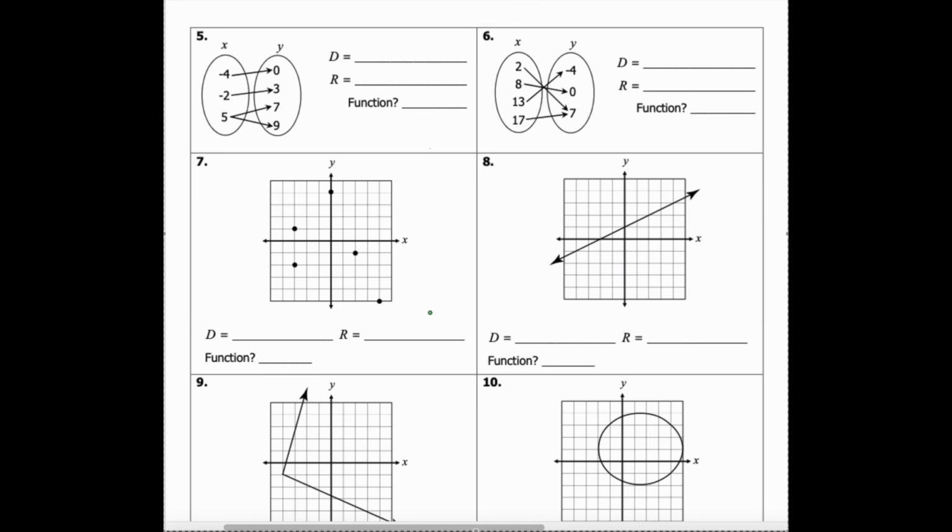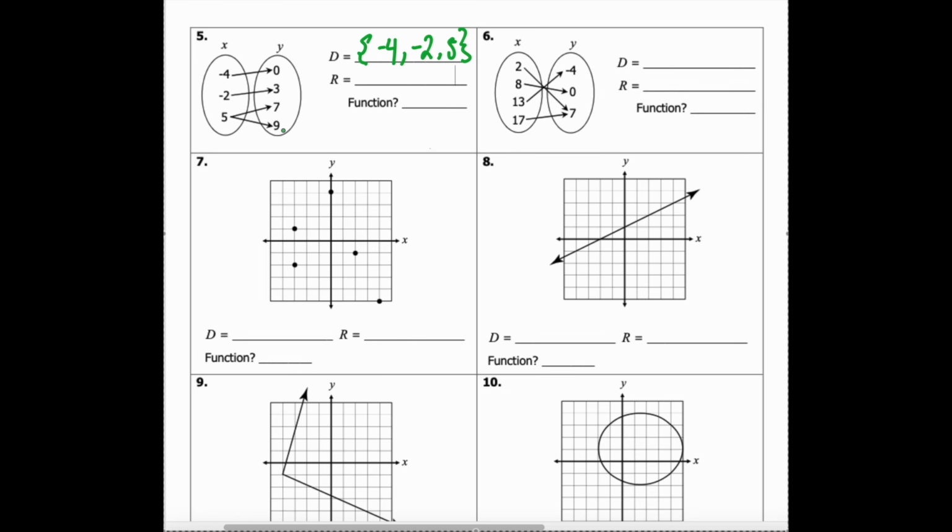All right, let's look at number 5. This one is mapping, and if you're not familiar, all it's telling us is that whatever the number in the x value is, the arrow that it's pointing to is our output. So -4 was our input, 0 is our output. Let's write our domain. We had -4, -2, and 5.